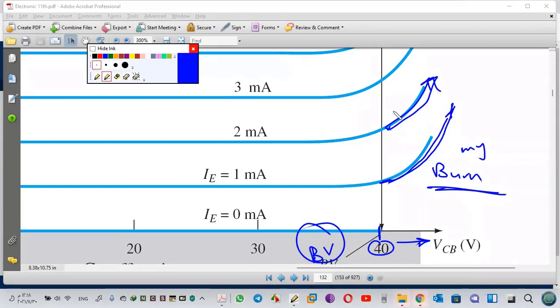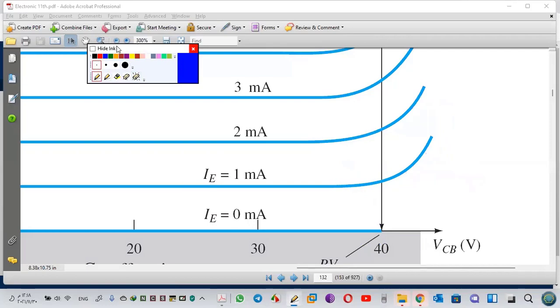You have a range from 0 to 40, you have to follow until 30, then stop, because you have to work at least 10% before the breakdown. For example, 36 or 35 volt is the maximum. Keep this distance between the last working point and BV to avoid damage to your transistor. It's called the breakdown voltage.